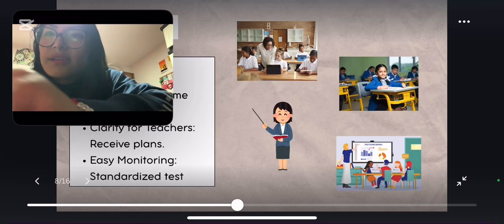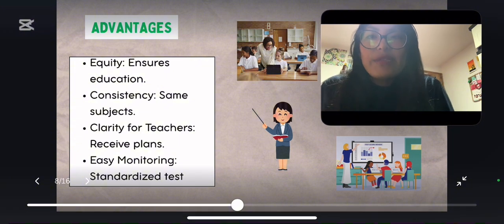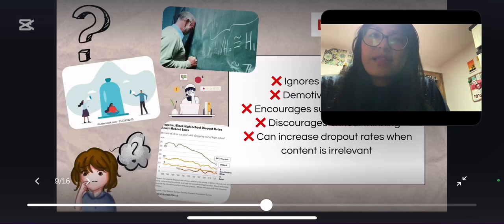Advantages. The advantages are equity, ensures the same education and consistency, same subjects; clarity for teachers, who receive set plans; and easy monitoring through standardized tests.